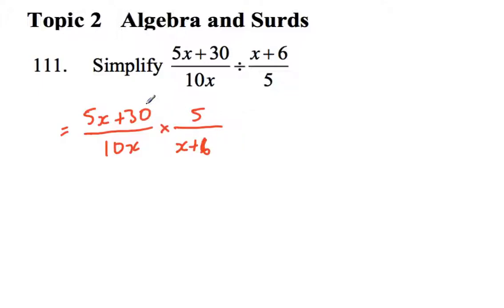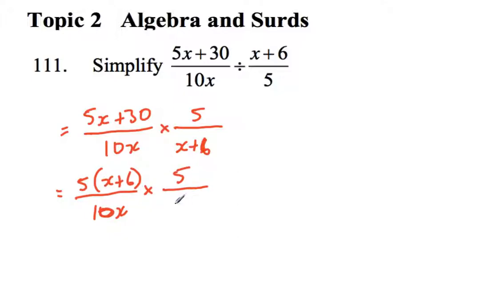Okay, now some of you might be able to spot there that you have something that can factorize out the top. So common here between the 5x and the 30 is a 5. That's a 10.